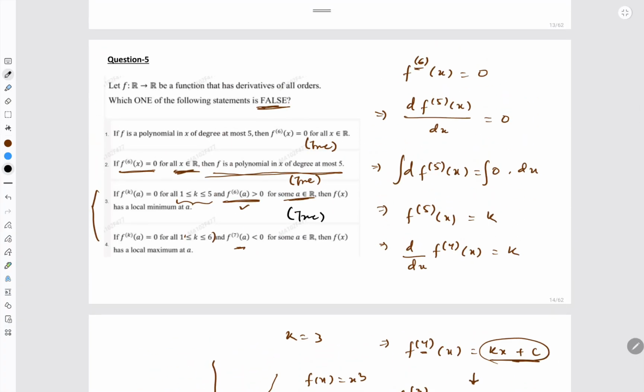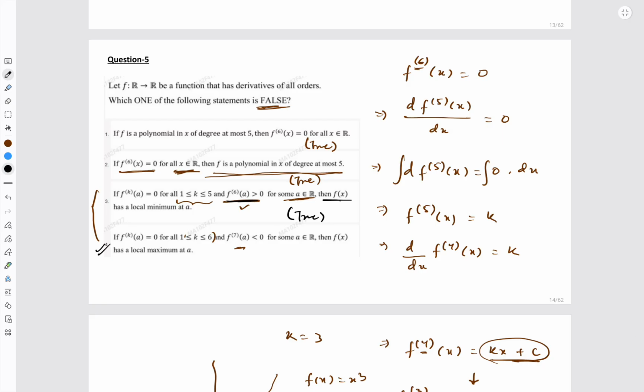We saw it exactly: let us take the point a as x equal to 0, up to this it is 0, but the sixth is positive obviously, then f of x will have a local minima at a. Definitely it has, right? So the correct option is option 4.